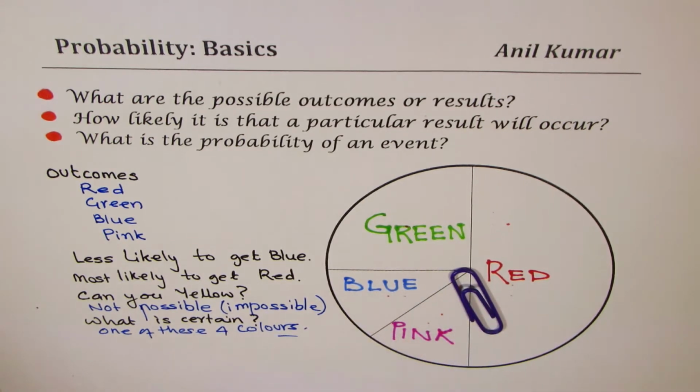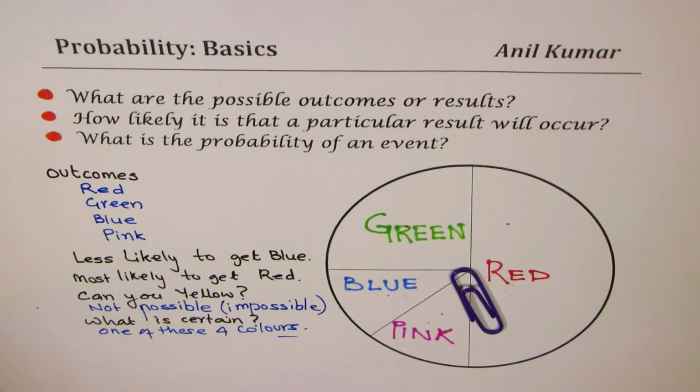All other colors are impossible. Most likely you can get red, and least likely are blue or pink. Well, you can also say getting blue or pink is equally likely since they are of the same size. Correct? So at times we may use the term equally likely also.